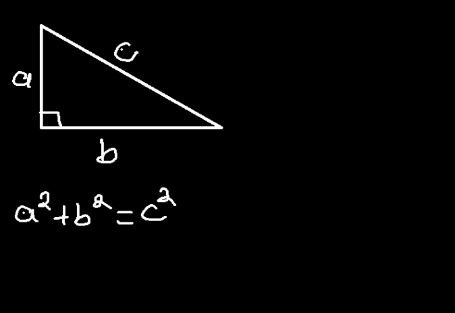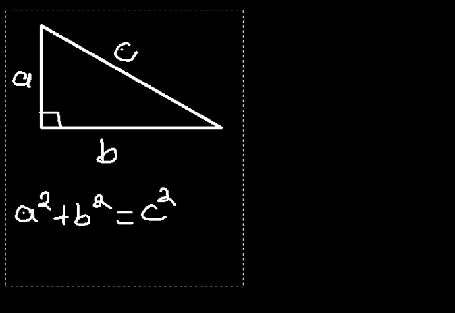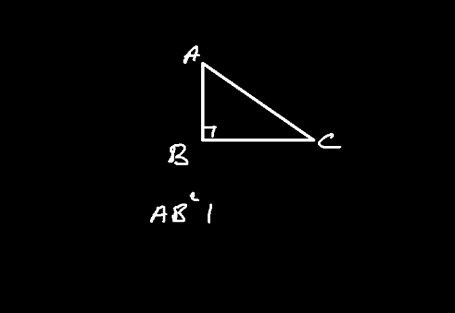And let's say the triangle has been given as this. Let's say this is a triangle, and it is given as triangle A, B, C. According to the Pythagoras theorem, we'll have AB square plus BC square is equal to AC square.